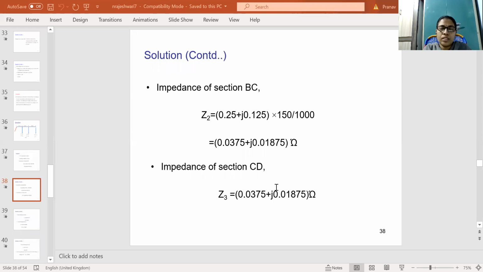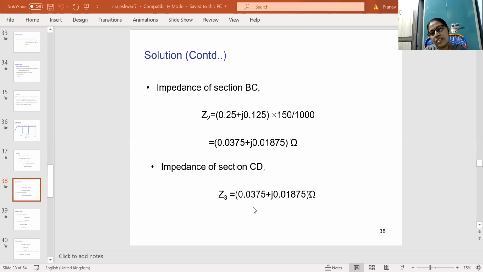The impedance of the section BC, Z2, is equal to 0.25 plus j times 0.125 into 150 divided by 1000. So 0.0375 plus j times 0.01875 ohms.